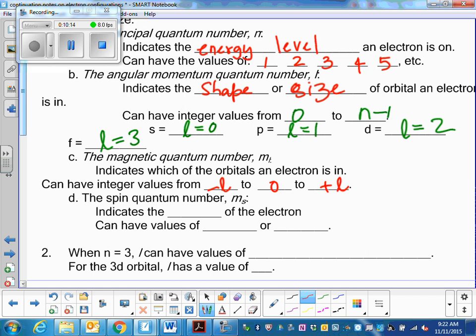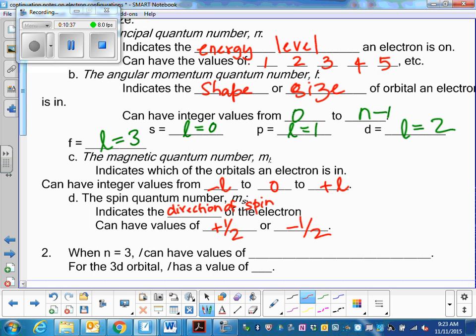And his very last quantum number was the spin quantum number. It indicates the direction of spin of the electron, and it can have a value of plus half or minus half.